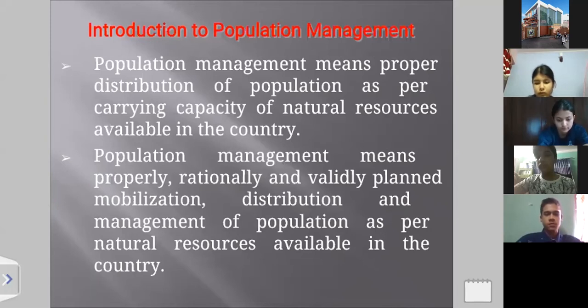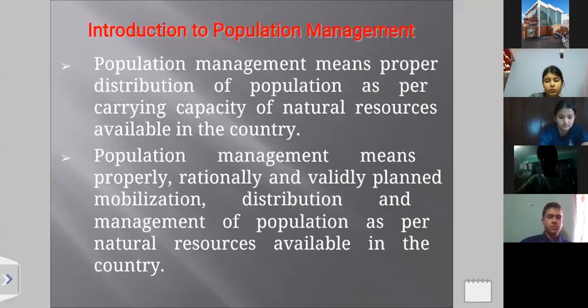For that, according to the availability of natural resources, population distribution should be done. So population management means proper distribution of the population according to the capacity of natural resources which is available in a certain country.